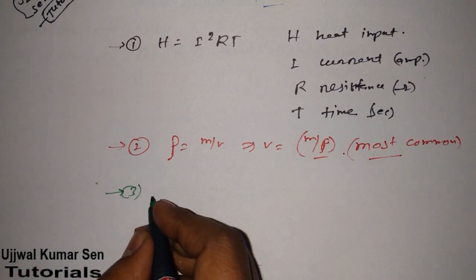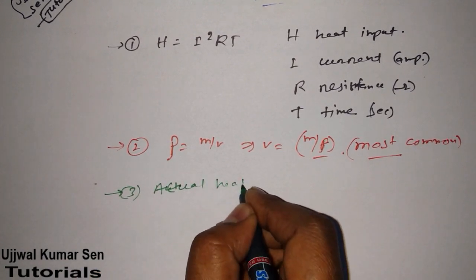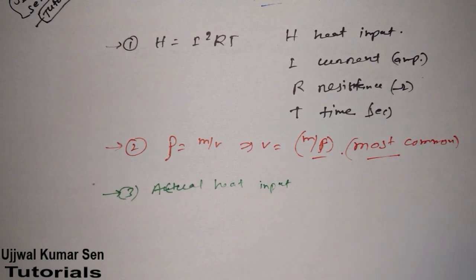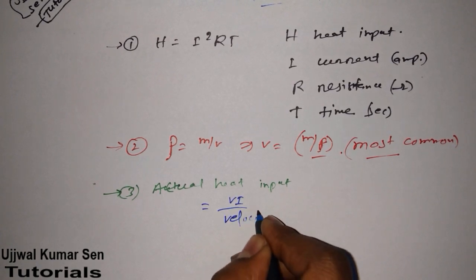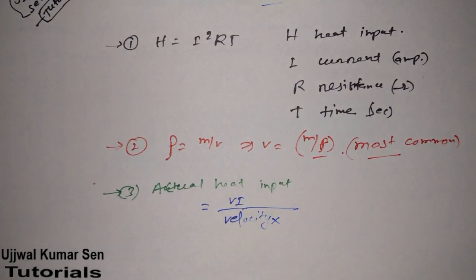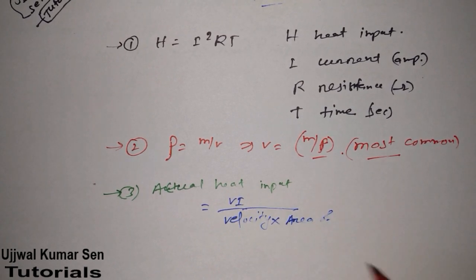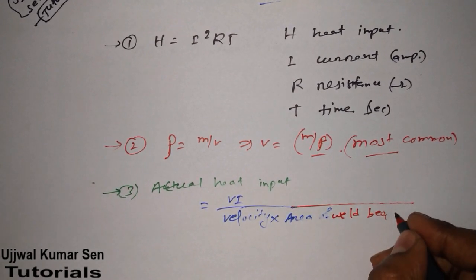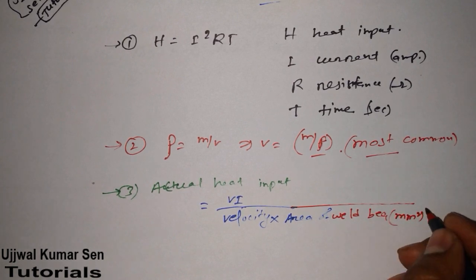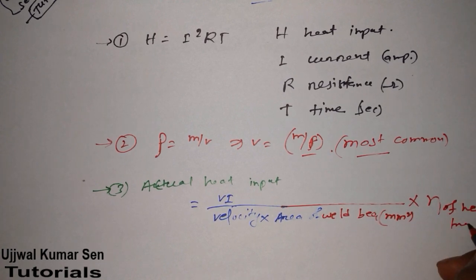Now we have another formula, that is actual heat input. Actual heat input is equal to Vi by velocity into area of weld bed, which may be in mm square or meter square depending on us, into efficiency of heat transfer.